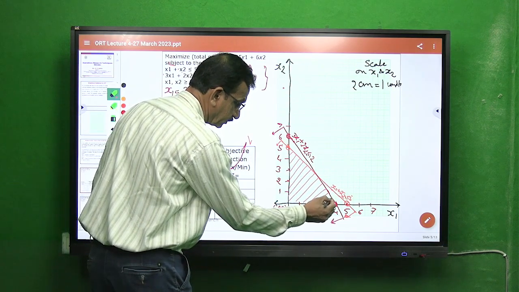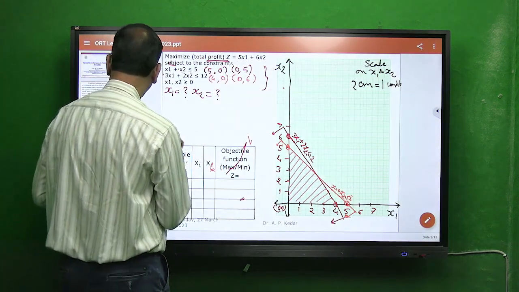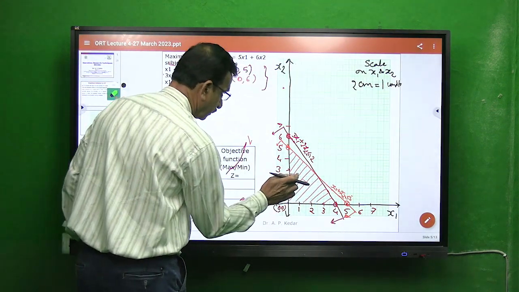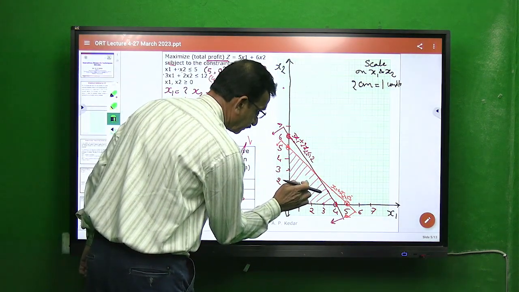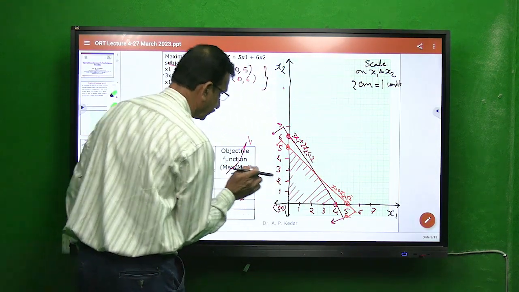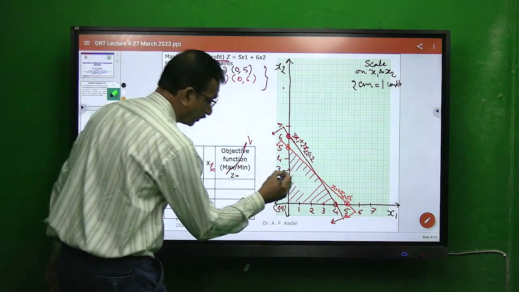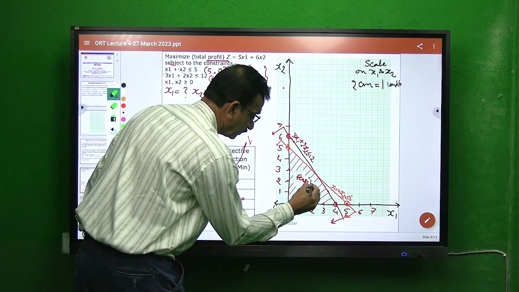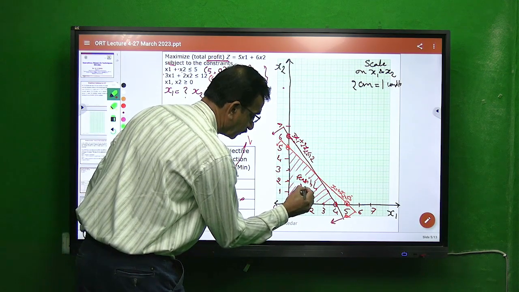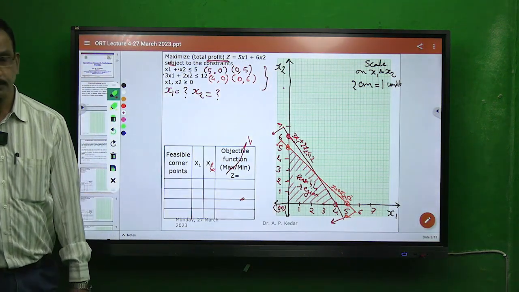This marked region is the feasible region for both the lines.